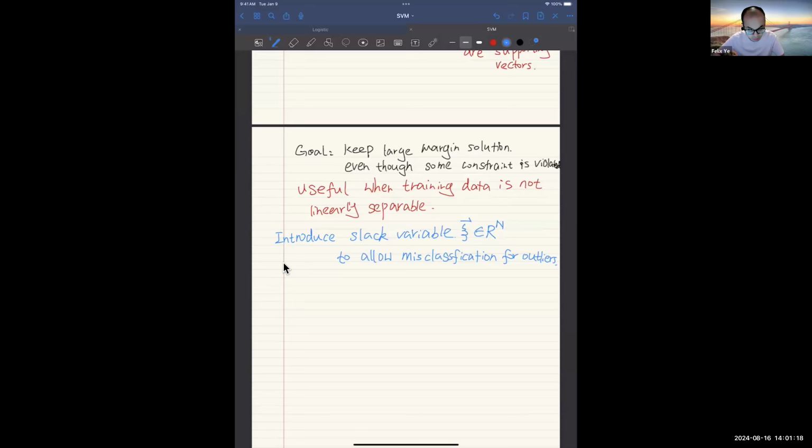So previously, the hard margin constraint is y_i (x_i^T w + w_0) should be bigger or equal than 1 for all i.